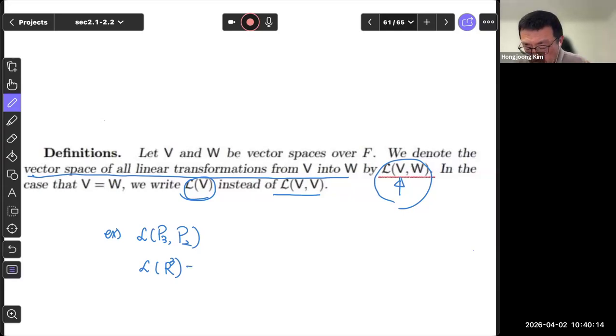So this is the collection of all the linear mappings from R3 to R3, or the collection of all the linear mappings from P3 to P2, which are all linear.